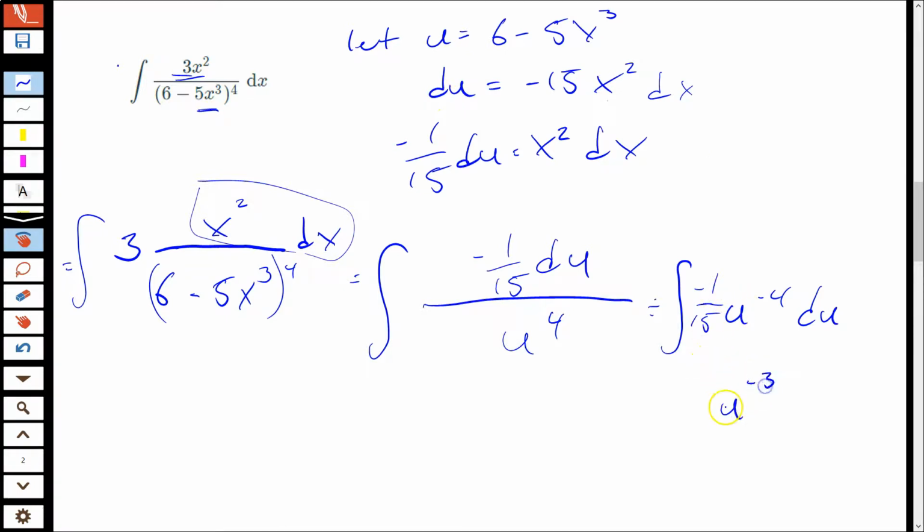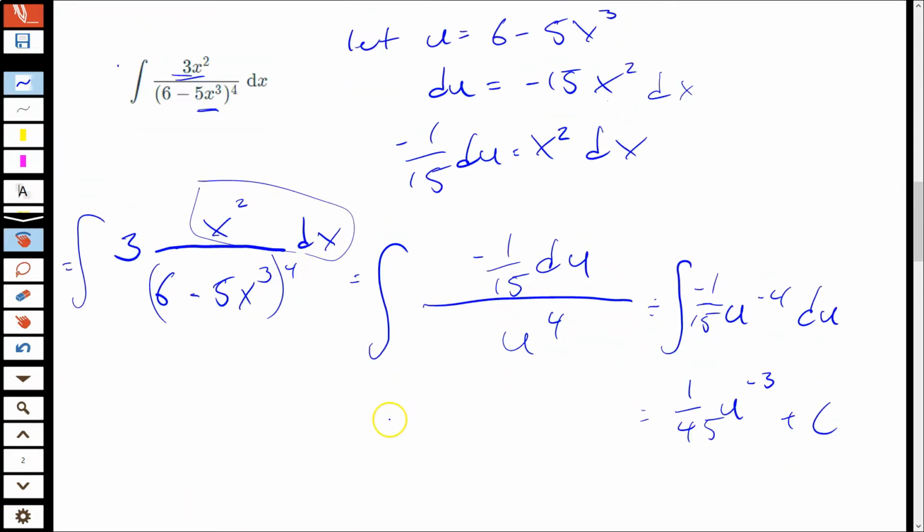So we get u to the negative third, and then we want to multiply by its reciprocal here. So we get 1/3, and then we already have a negative 1/15, so 1/45, u to the negative third plus c.